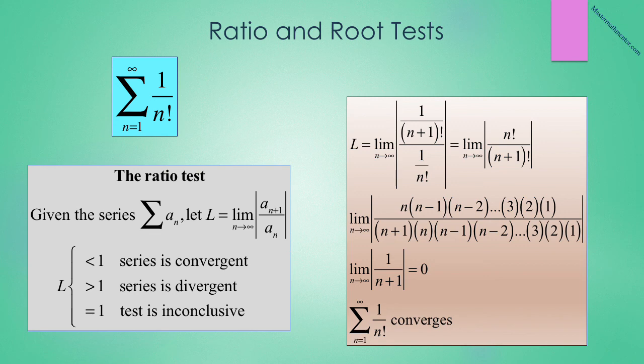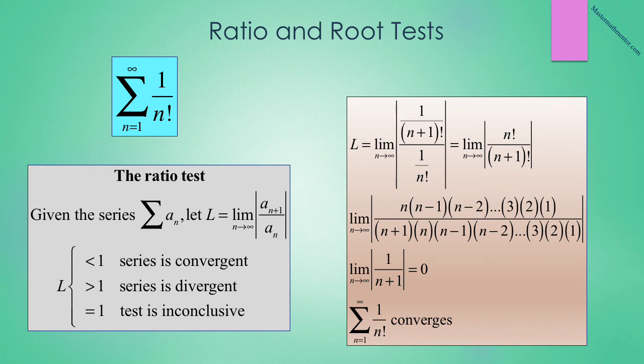The ratio test usually takes up a lot of room, so be prepared for that. We can now flip the denominator and write this as the limit as n approaches infinity of the absolute value of n factorial over n plus 1 factorial. Students may not be familiar with working with factorials.